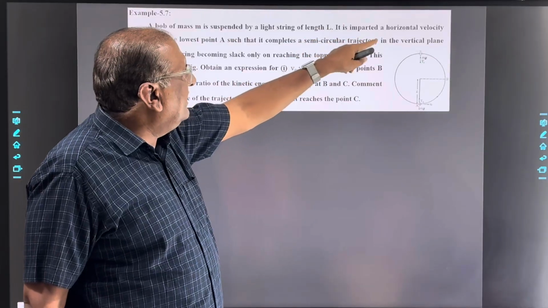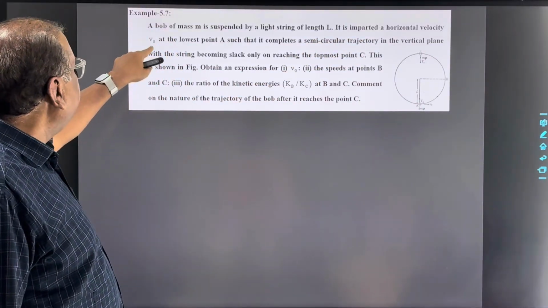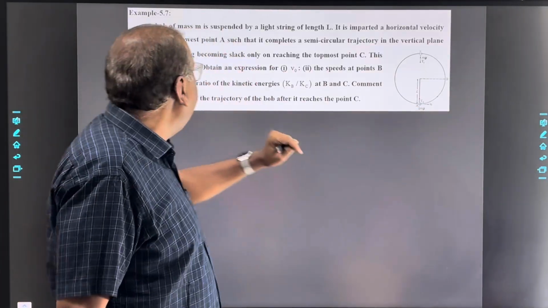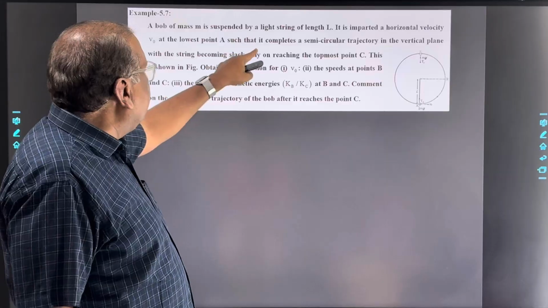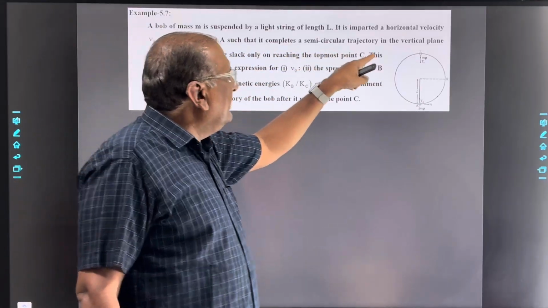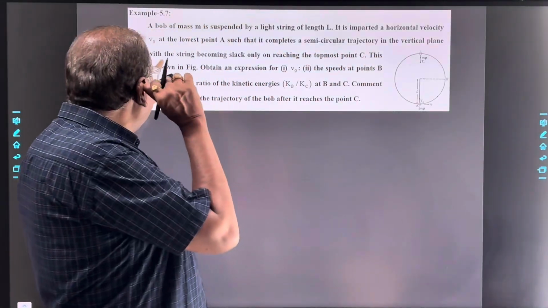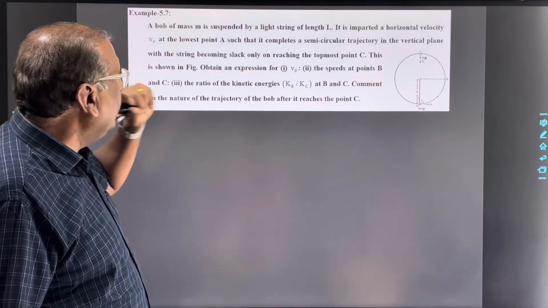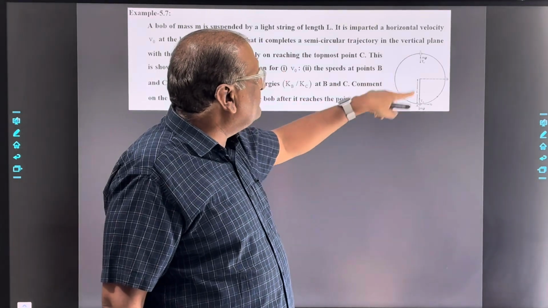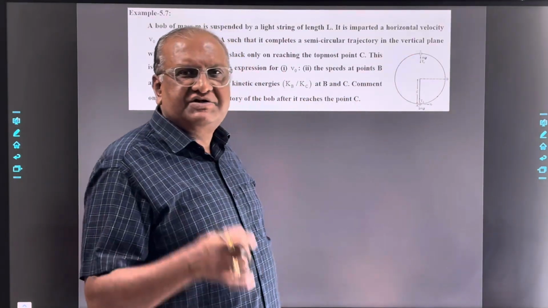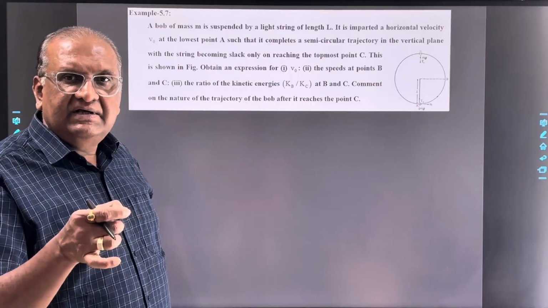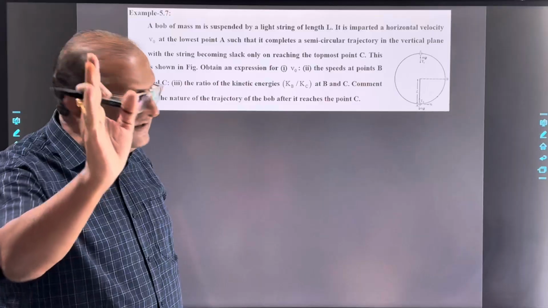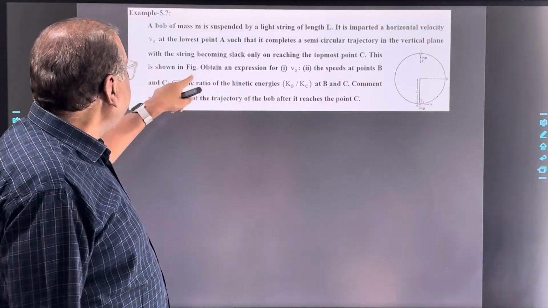It is imparted a horizontal velocity v0 at the lowest point A, such that it completes a semicircular trajectory in the vertical plane, with the string becoming slack only on reaching the topmost point C. This means when the bob reaches point C, the string becomes slack. String becoming slack implies that there is no tension in the string. This is shown in the figure.